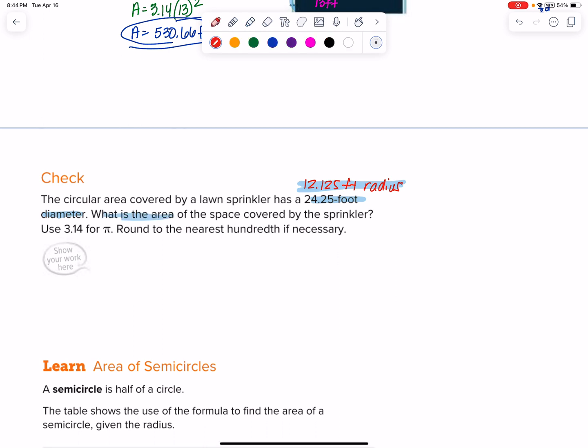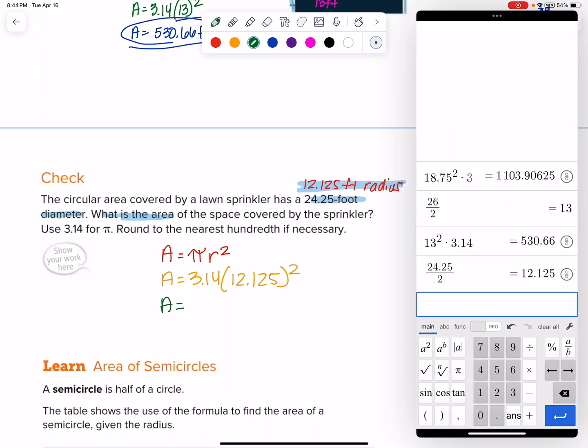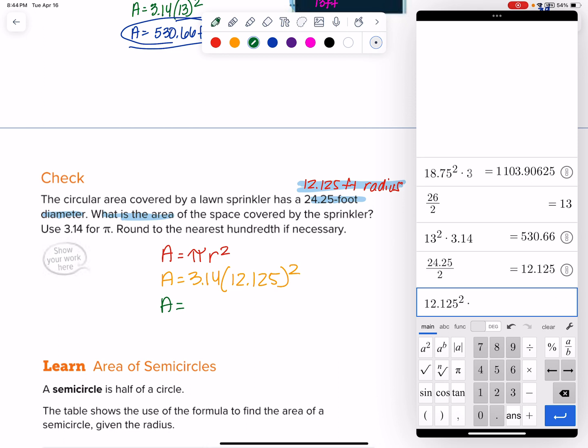So let's go ahead and set it up. Area equals pi r squared. Area equals 3.14 times the radius, which is 12.125 squared. And then let's go ahead and plug it in. Okay, so we have our 12.125, always looking to make sure that we typed it right, and then multiplied by the 3.14.